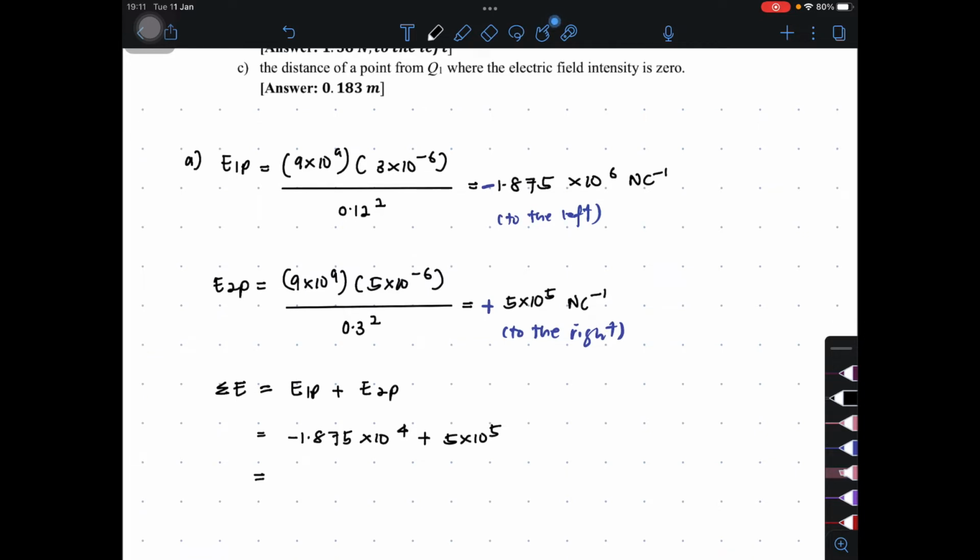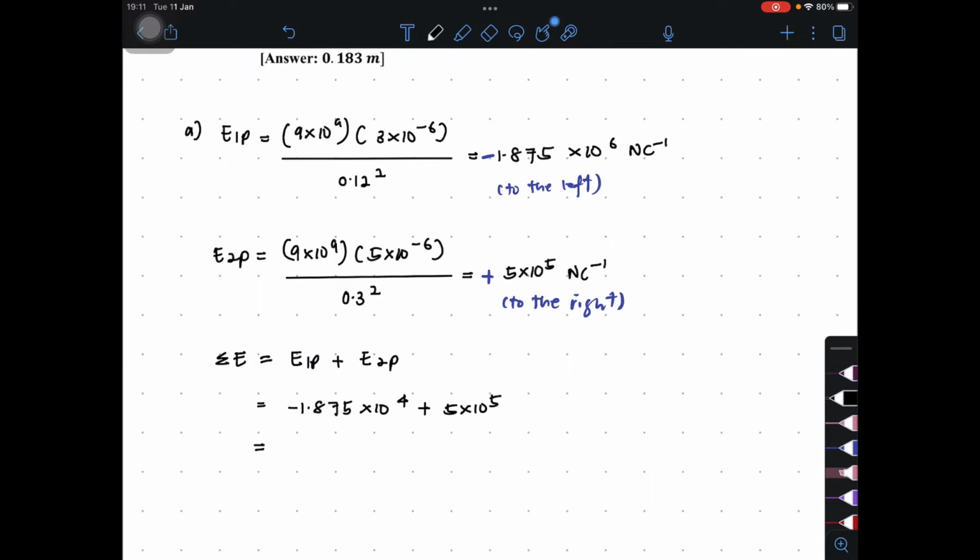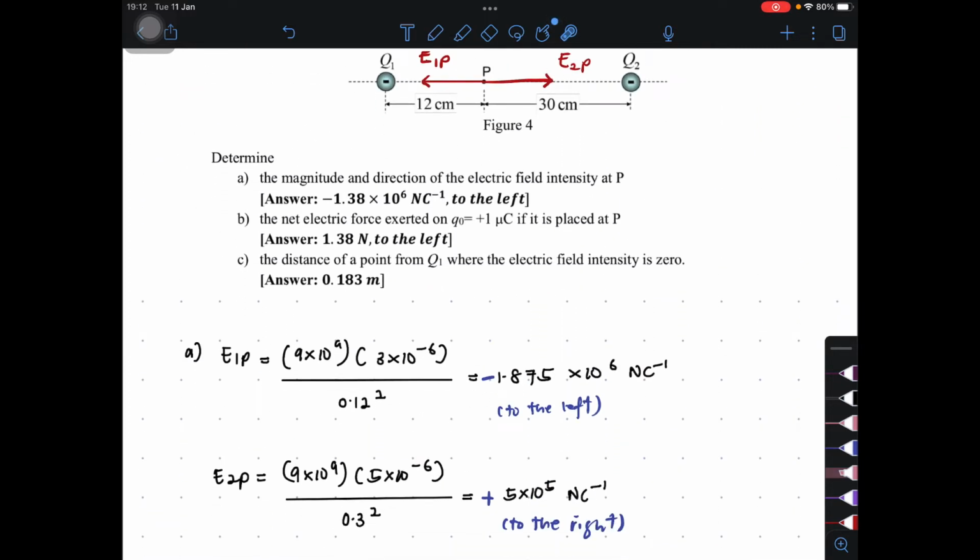It will be equal to negative 1.38 exponent 6 Newton per Coulomb. Since we get negative, the direction will be to the left. Okay, so that one is for question A.